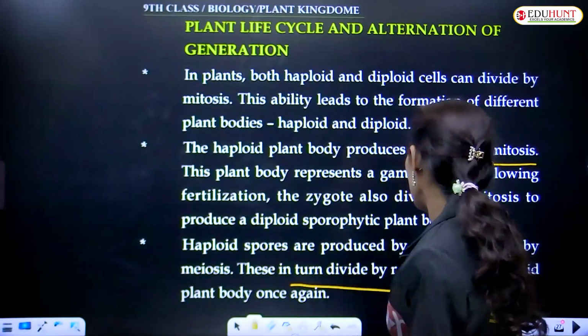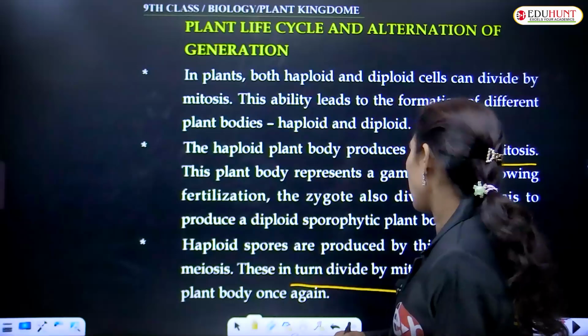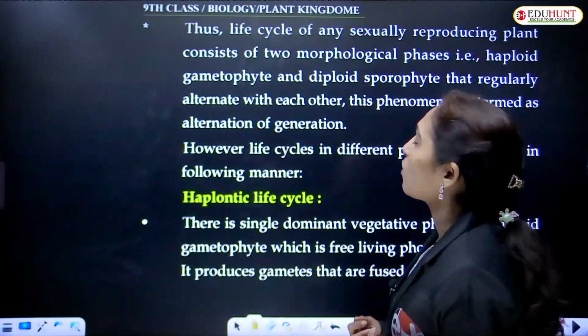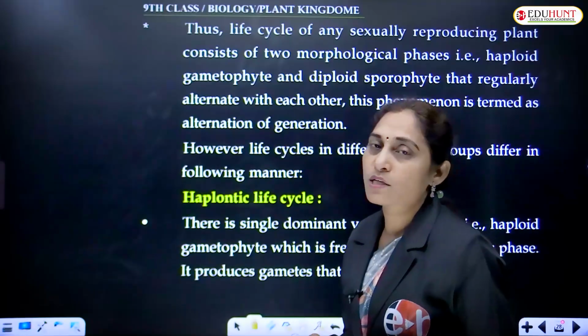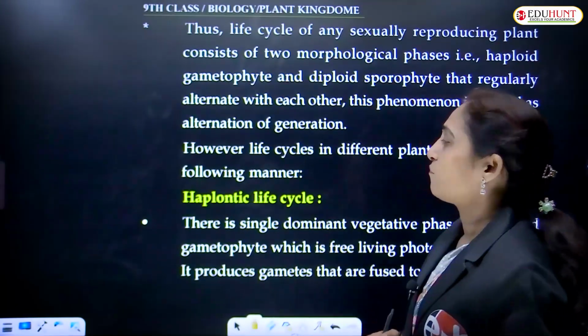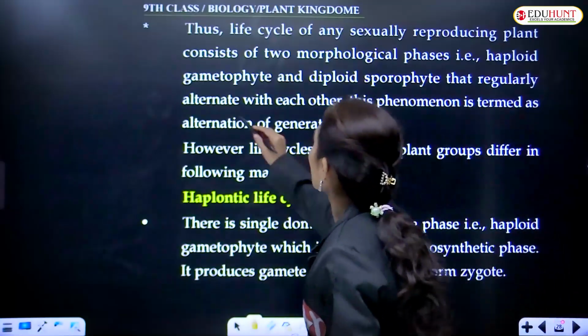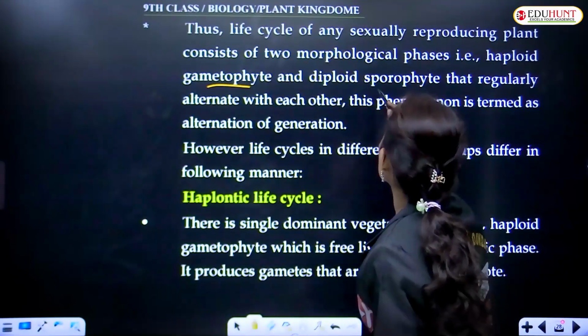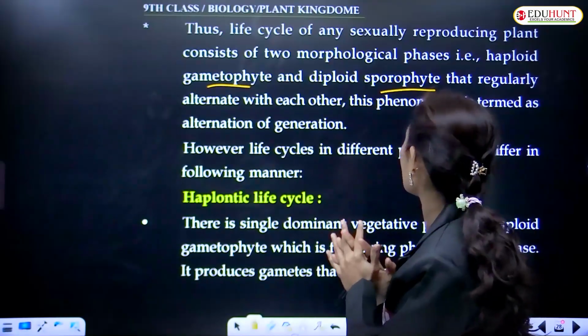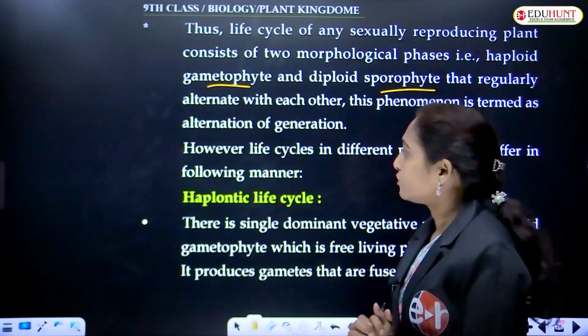These in turn divide by mitosis to form the haploid plant body once again. Thus the life cycle of any sexually reproducing plant will have morphologically two different phases, the haploid gametophyte and the diploid sporophyte, which regularly alternate with each other.